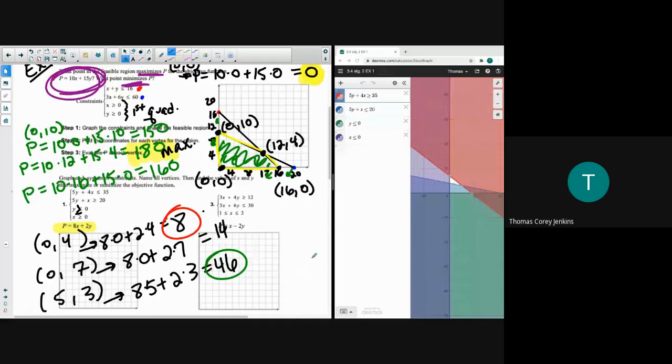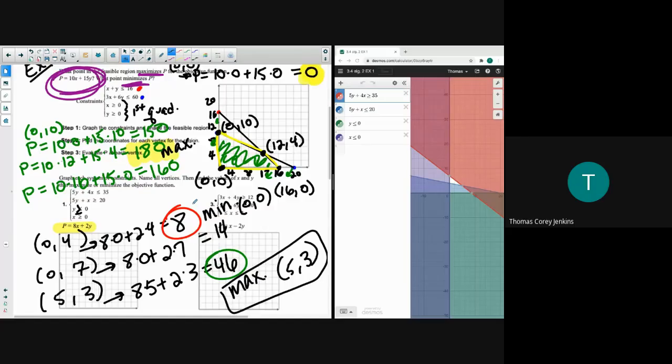You got to be careful though on the test questions or on your Math Excel questions. It might ask you the maximum value. If it just said what's the maximum value, the answer would be 46. But on the wording of this one, it says what is the point that maximizes the value. So that makes the official answer the ordered pair, and the ordered pair that minimizes.